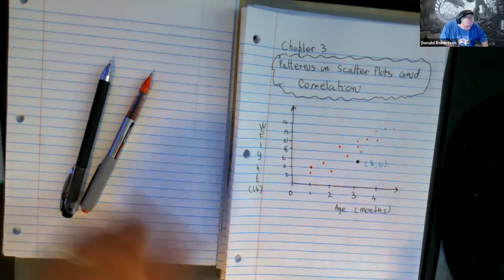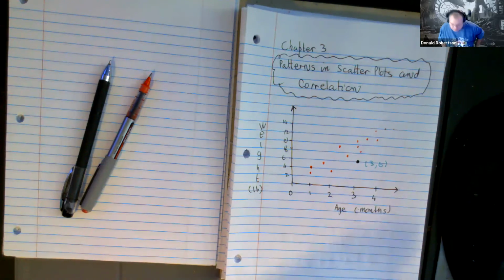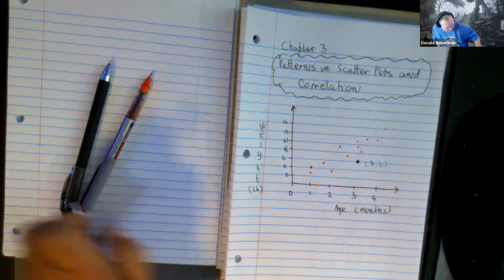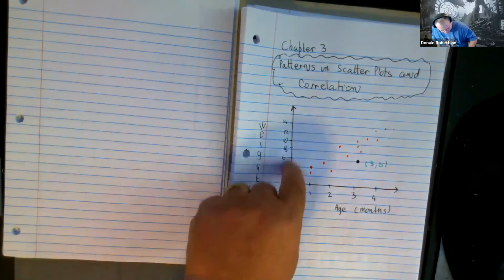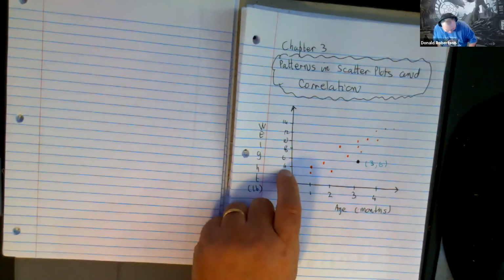Can you see that you could have more than one animal that's 3 months old and they won't all weigh exactly the same weight? Wouldn't you have a fat 3-month-old one and a skinny 3-month-old one? Think of babies, right? Not every 6-month-old baby is the same weight, right? Not every 6-month-old rabbit is the same weight either, right? So a scatter plot is basically a way of visually representing a pair of data.